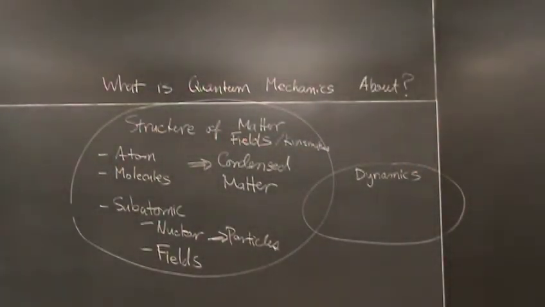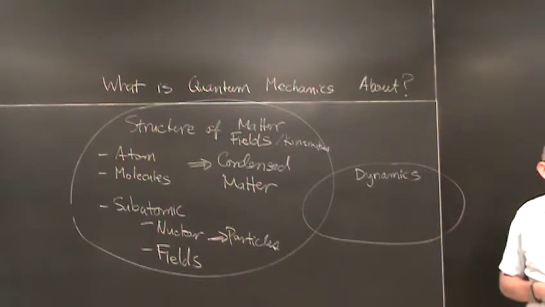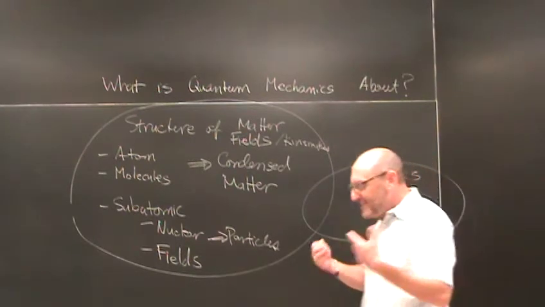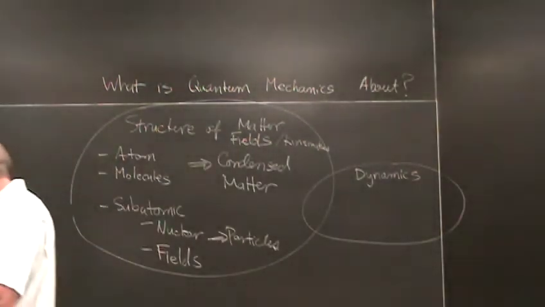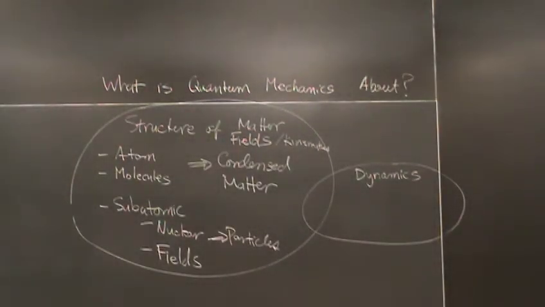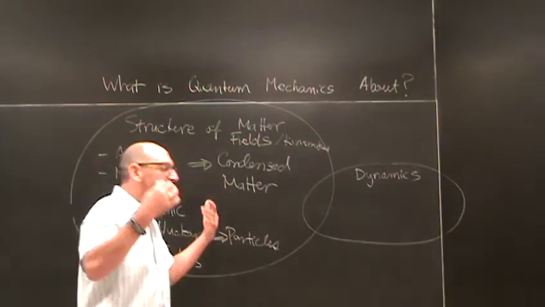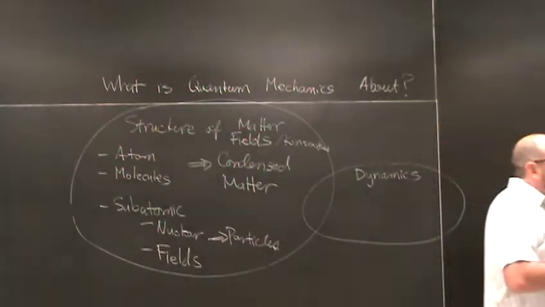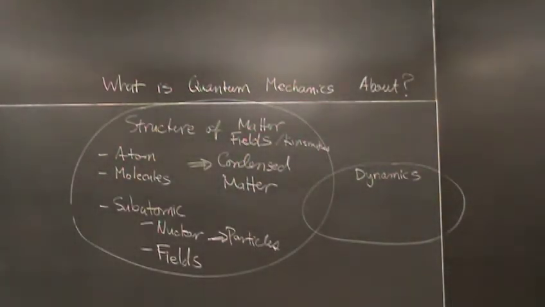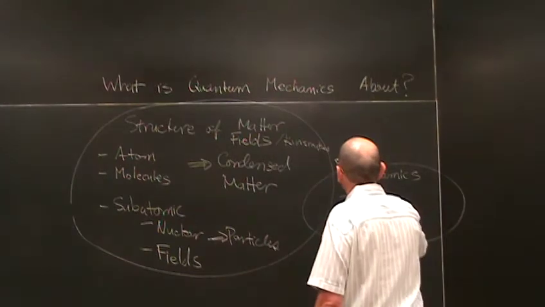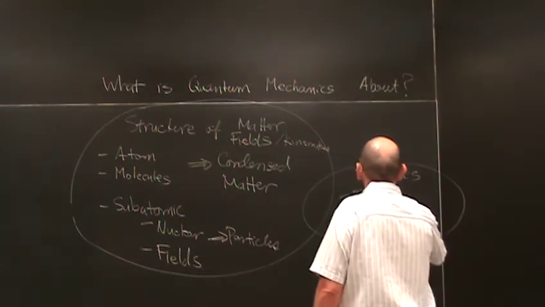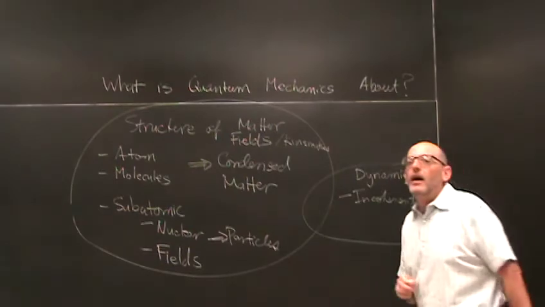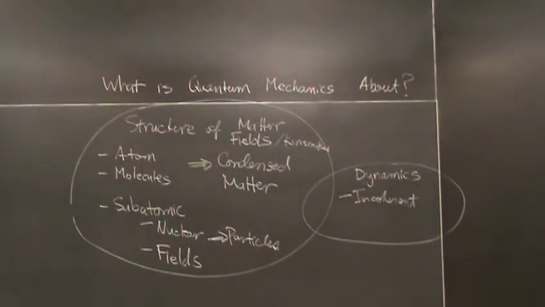And quantum dynamics is a subject that traditionally has gotten short shrift, because traditionally it was very hard to control quantum dynamics. Natural systems in the world typically occur in such a way that these dynamics are incoherent, in a way that we'll come to understand a little later in the course.